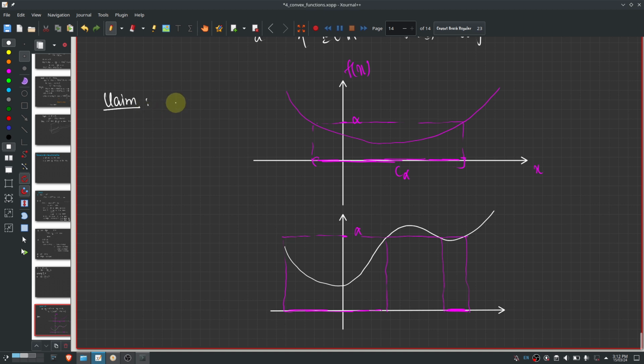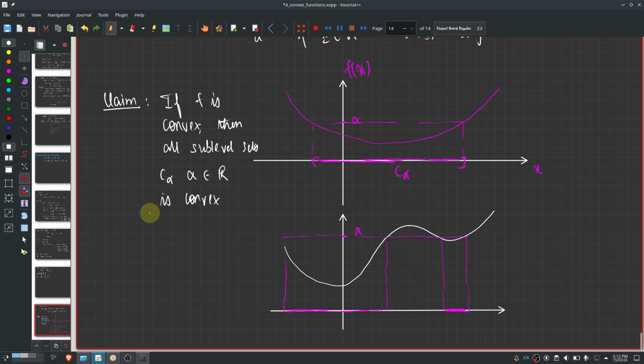So right now the point that I'm making is that if f is convex, then all sublevel sets C alpha, for any alpha in R, are convex.